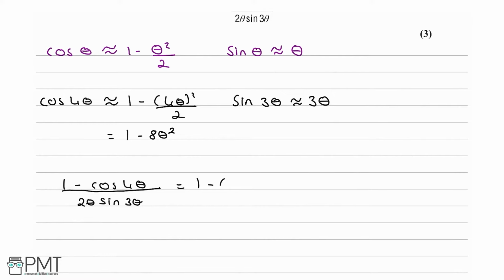It is 1 minus (1 minus 8 theta squared) all over 2 theta times 3 theta, because all we've done is substitute sine 3 theta for 3 theta into this part, and we substituted 1 minus 8 theta squared into this part. So we end up moving from cosine 4 theta to 1 minus 8 theta squared and sine 3 theta to 3 theta. That's all good.